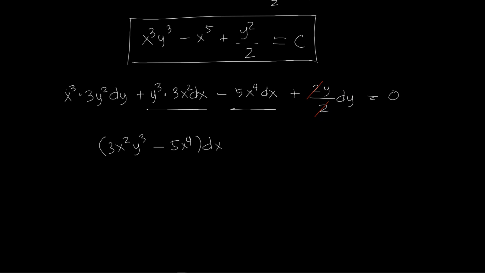Then collect all the y: plus 3x cubed y squared dy is equal to 0.